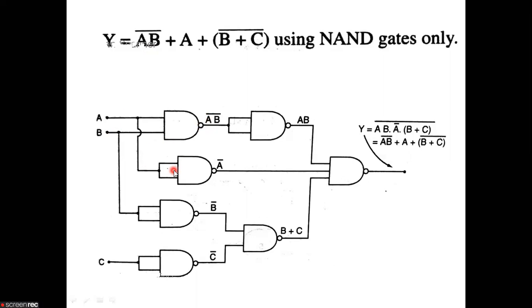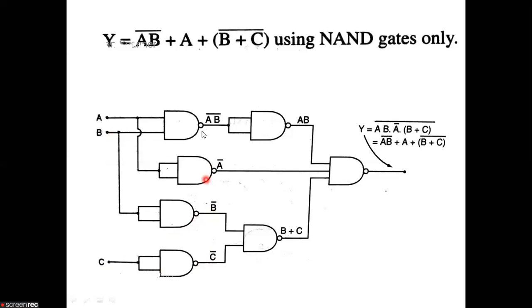Again here we will be needing A bar. So here A is coming and it is going as 2 inputs. Already you know that this type of structure means we will be getting A bar. So here it is A bar. Next, here B is going, so it will be B bar. Next C is going in this NAND gate, so it will be C bar.